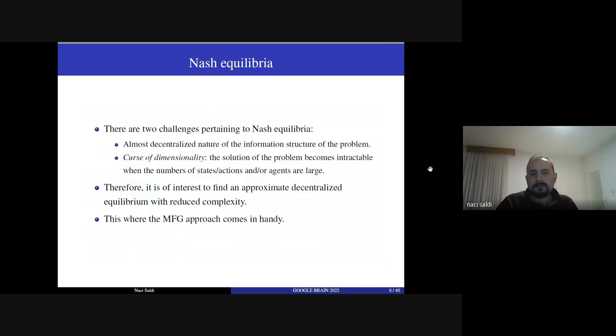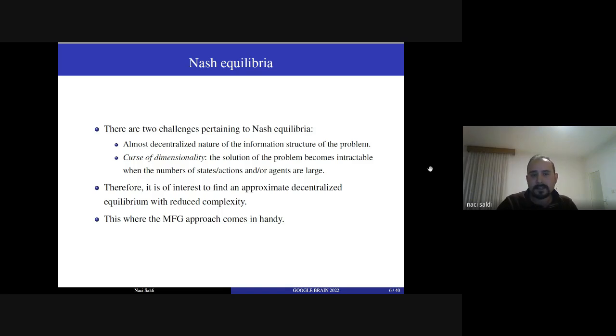However, in mean field games, there are two challenges pertaining to Nash equilibria. The first challenge is the decentralized nature of the information structure. We assume that agents can only observe their local state information. They cannot observe the global state information. Because of that, the information structure of the problem is a decentralized one.